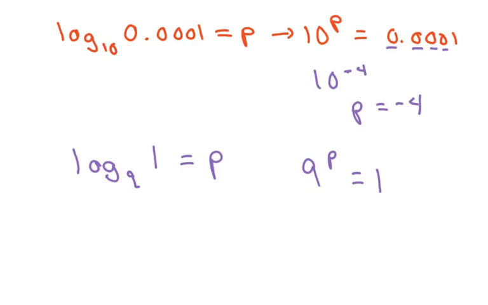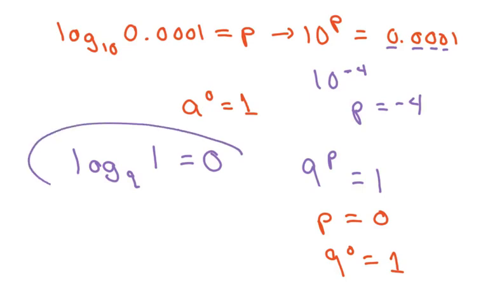We know that any number to the 0 power equals 1. So my power equals 0, because 9 to the 0 equals 1. So my p is 0. This is going to come in handy later on.